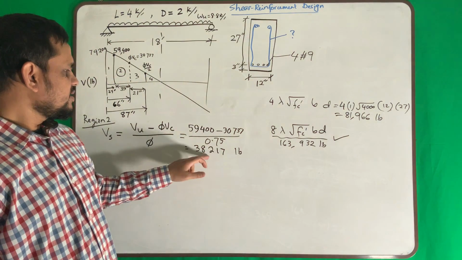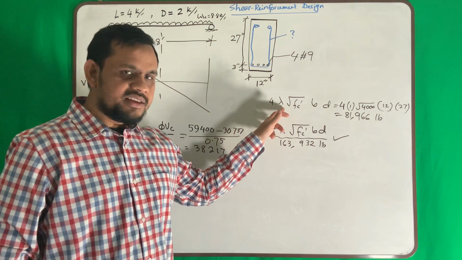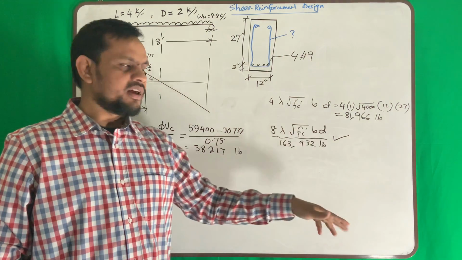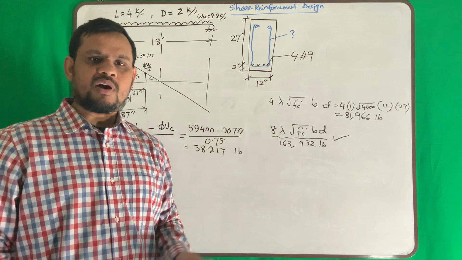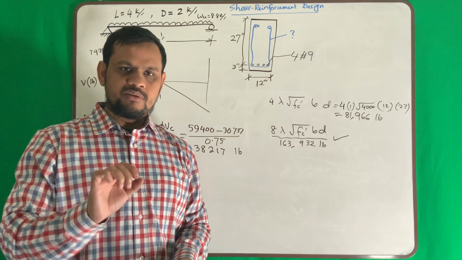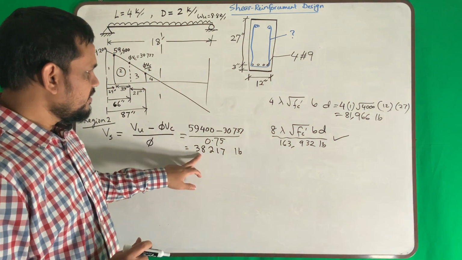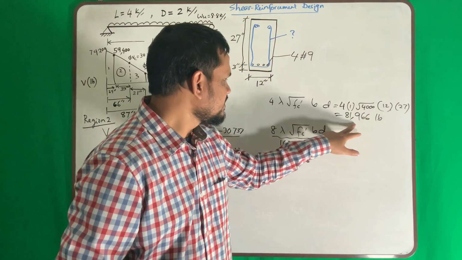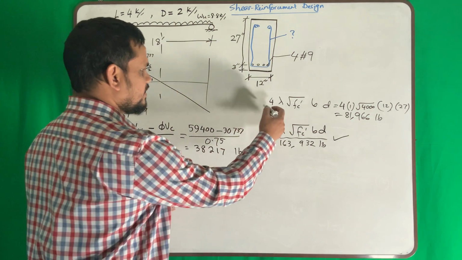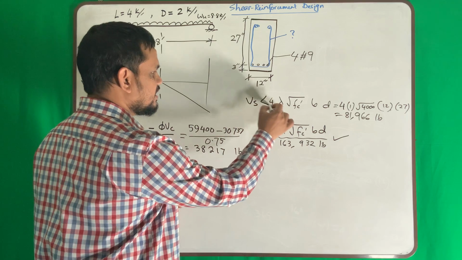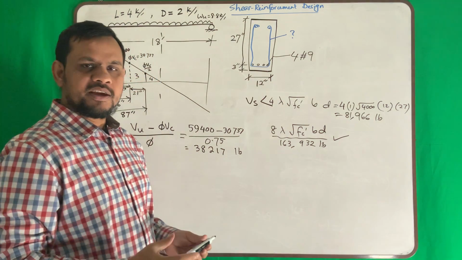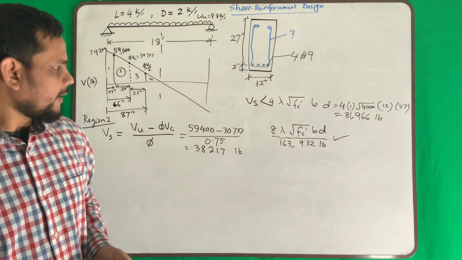Second thing, if this value is less than this or more than this, depending on that, I have a separate equation to calculate my spacing. Now this value is less than this, right? So here my Vs is less than this. So what is my equation?